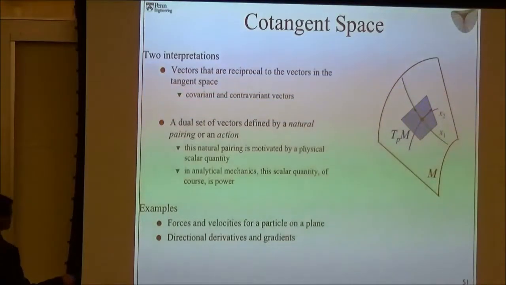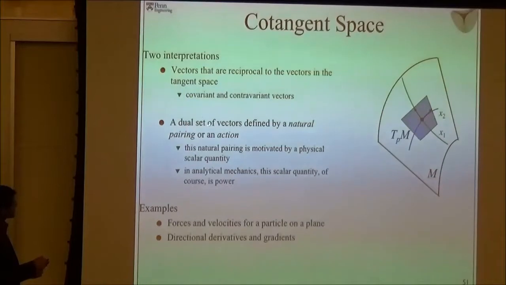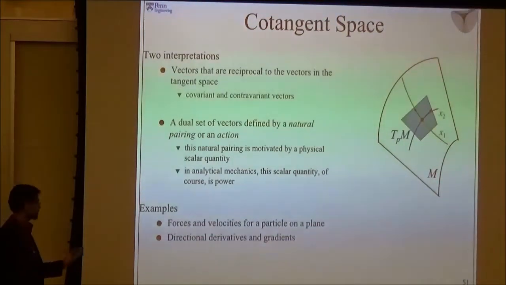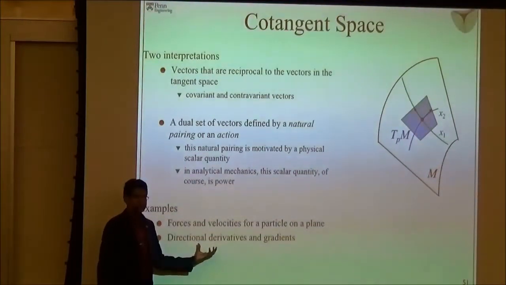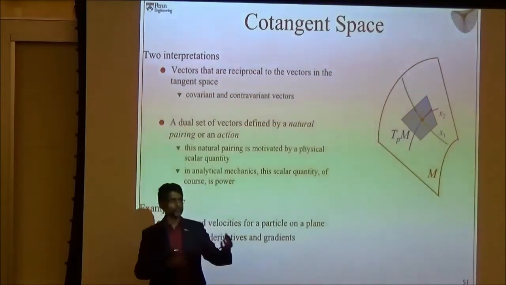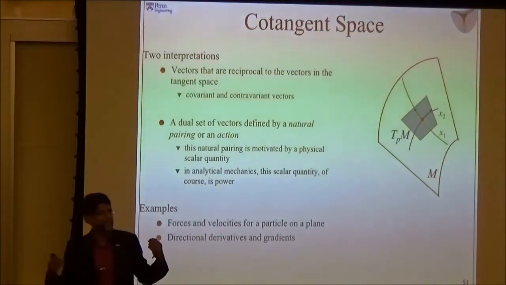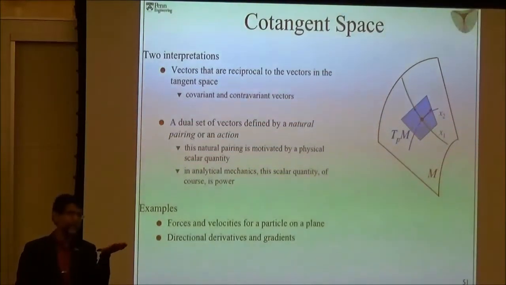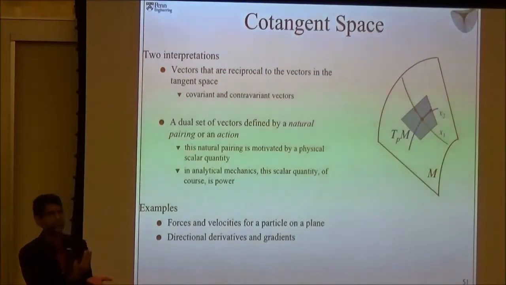So when you think about force and velocity, there's another set of vectors which are forces, and the scalar quantity is power. Another thing you might think about, since we've talked about directional derivatives, is gradients. And those are also dual to each other. So any problem that has any kind of physical interpretation, whenever you have tangent vectors, you also have cotangent vectors.